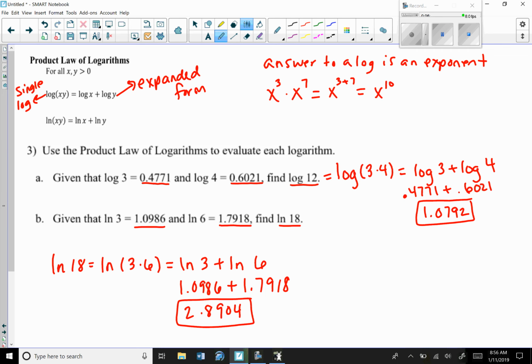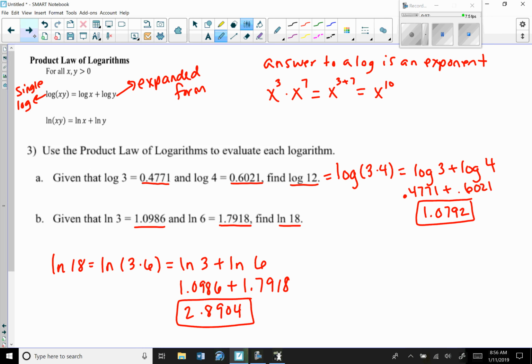So if you think about your logarithmic form, it makes sense that if you're taking the log of the product of something, that is equal to the log of x plus the log of y, because the answer to a log is an exponent, so you're adding the two exponents essentially.